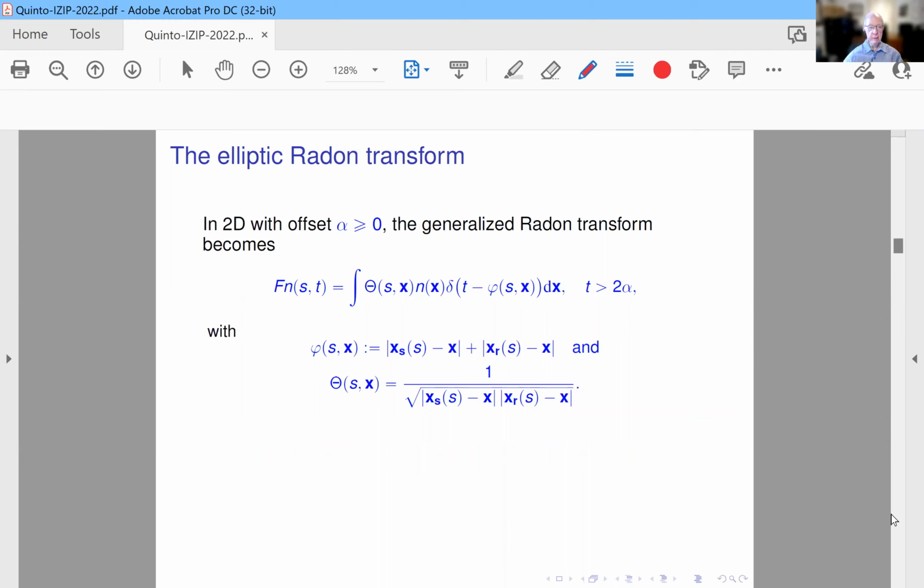Okay, and again, we're in 2D, offset alpha greater than or equal to 0. The generalized Radon transform becomes the symbol n of x, this delta, where phi is the sum of the travel times from xs to x plus xr to x.